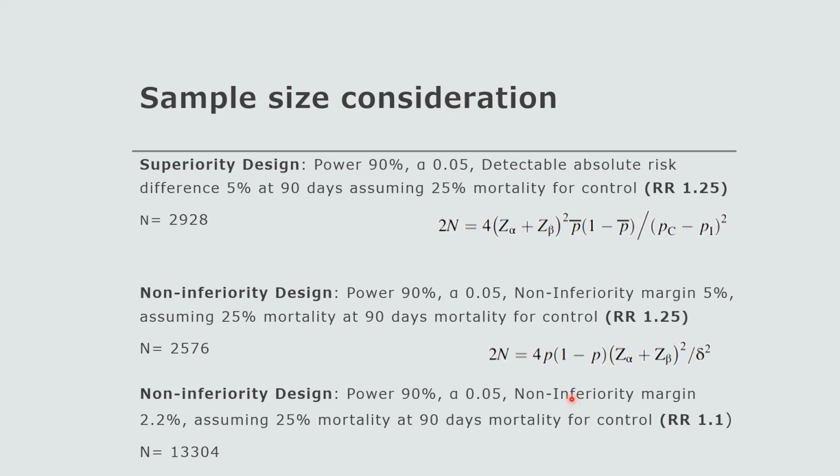Yeah. I agree with Janet, but at the end of the day, people do what they do, and I do see a lot of non-inferiority trials with an alpha of 0.05. But I think Janet's right. To have the same certainty on the data, it would be 0.025, and that would balloon the sample size.